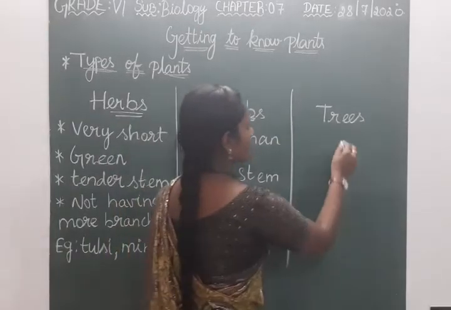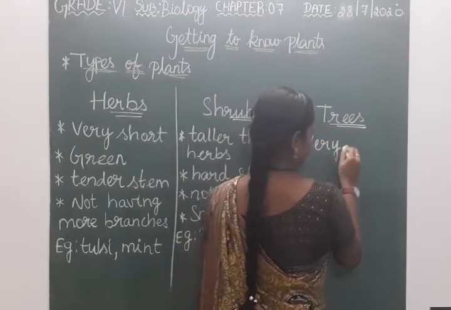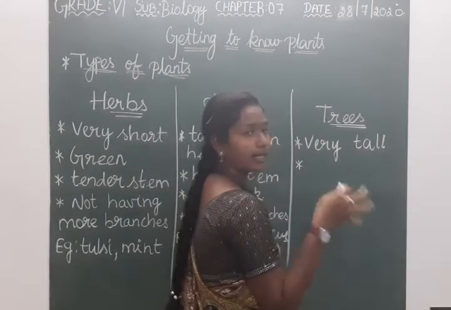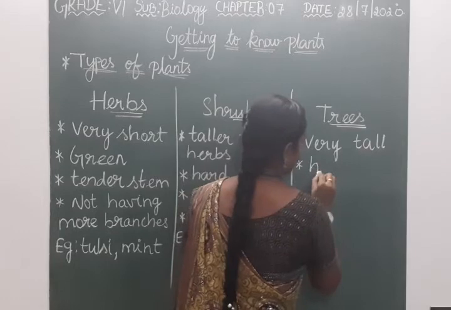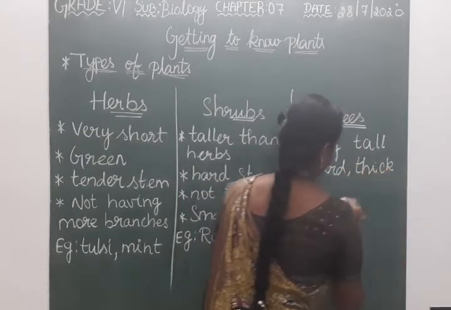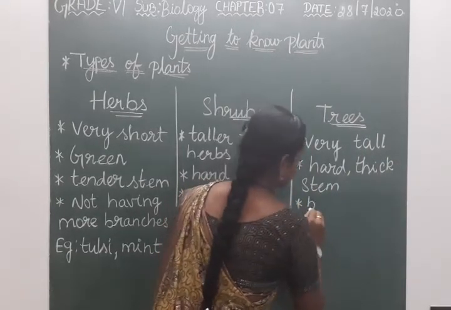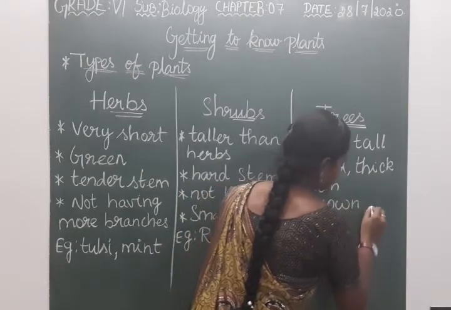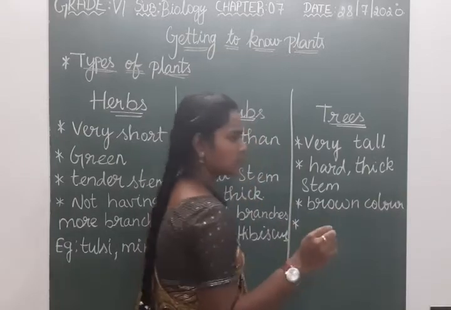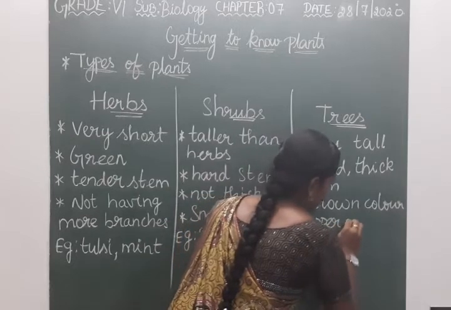And next, the last category is trees. Trees are very tall. They have a hard and thick stem. The stem is brown in color, and they have branches present in the upper part of the tree.